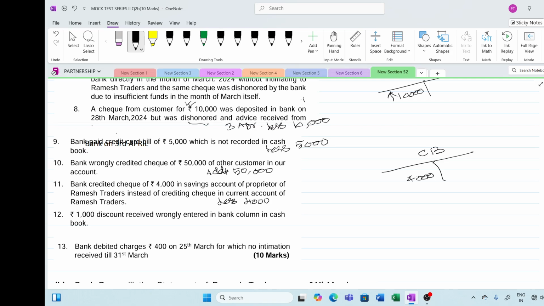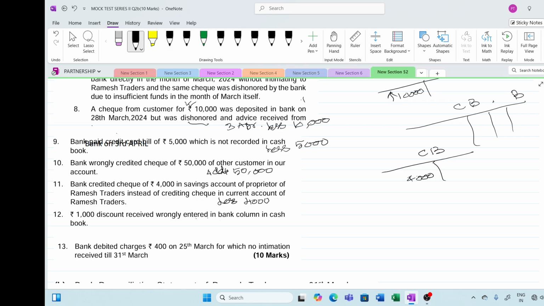Next one is 1,000 rupees, discount received. So discount received will be in your cash book, because you are maintaining a triple column cash book. You will have one discount column, one cash column, and one bank column.